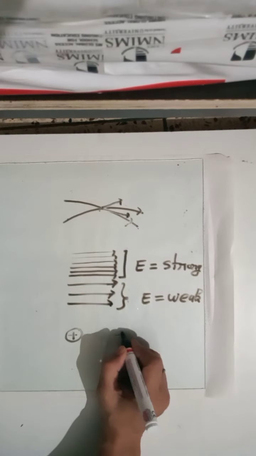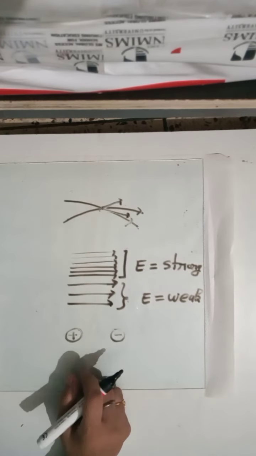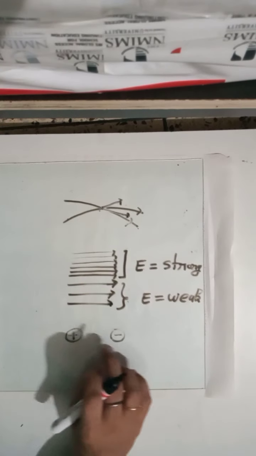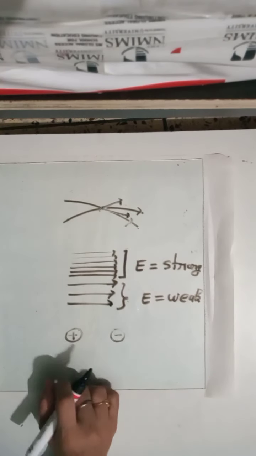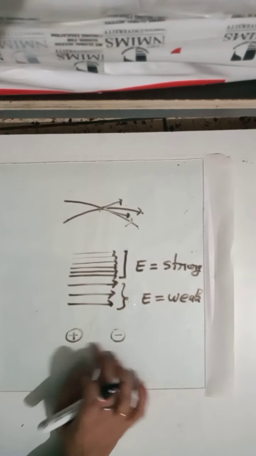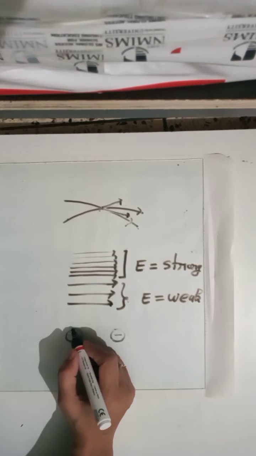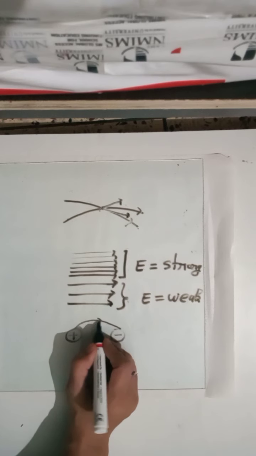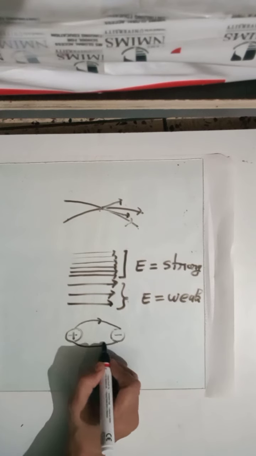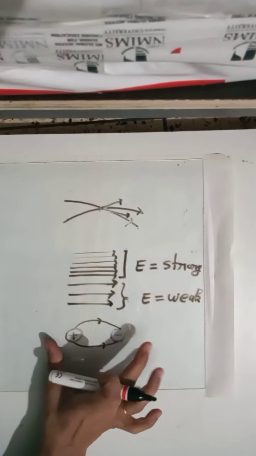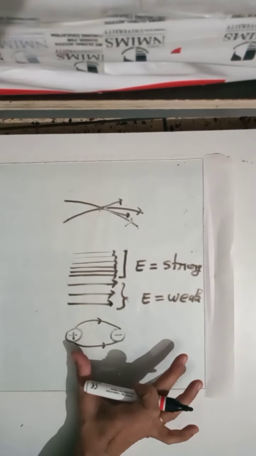Now, two unlike charges attract each other. How can you explain this on the basis of the properties of electric lines of forces? If we draw the electric lines of forces after this topic, you will see that the nature of the electric lines of forces should be in this way. That means the electric lines of forces contract lengthwise, longitudinally.